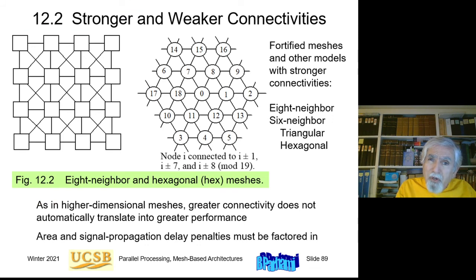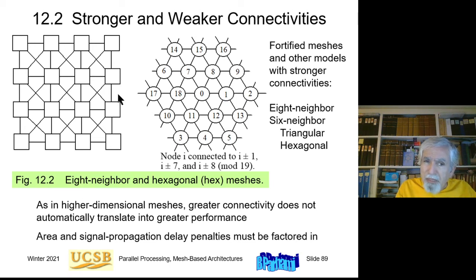We can have stronger or weaker connectivities. These are examples of stronger connectivity. Instead of each node having 4 neighbors, as in regular 2D mesh, it has 8 neighbors here. And this may seem particularly suited to image processing, because if I have a pixel here, then all the neighboring pixels are directly connected to this pixel, and I can check the neighboring pixels more easily.